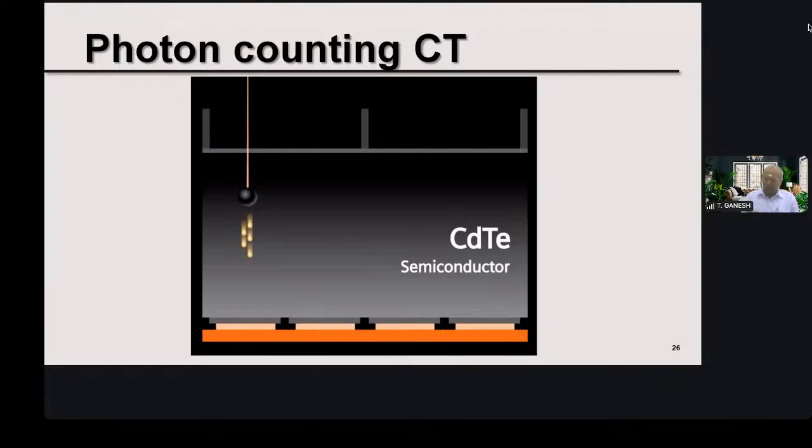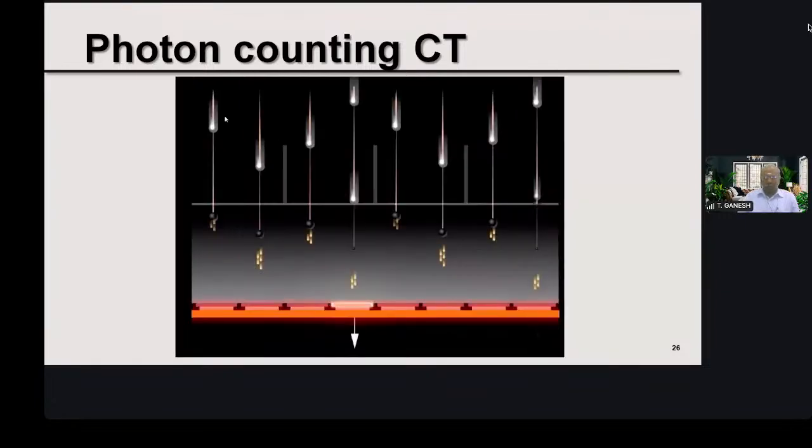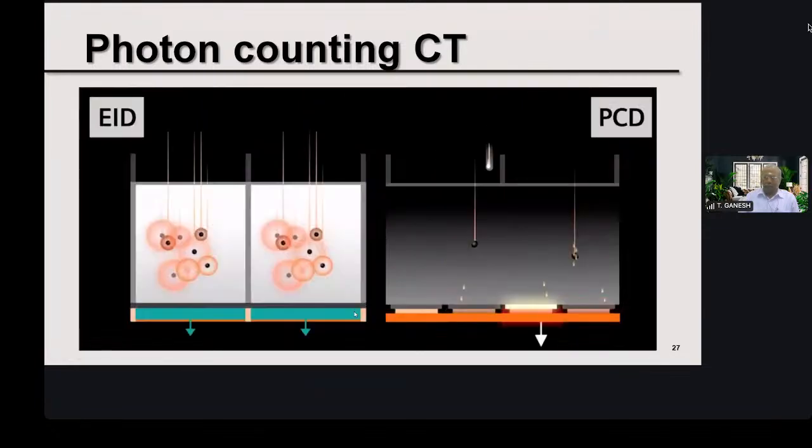But here, every single incoming photon produces a distinct signal. Photons keep coming like this, and every single photon, as shown in this picture, gets counted; the signal is produced as the electrons reach the anode. So in the energy integrating detector, we put together about 30,000 photons to make the signal, but here each photon gives us a signal.